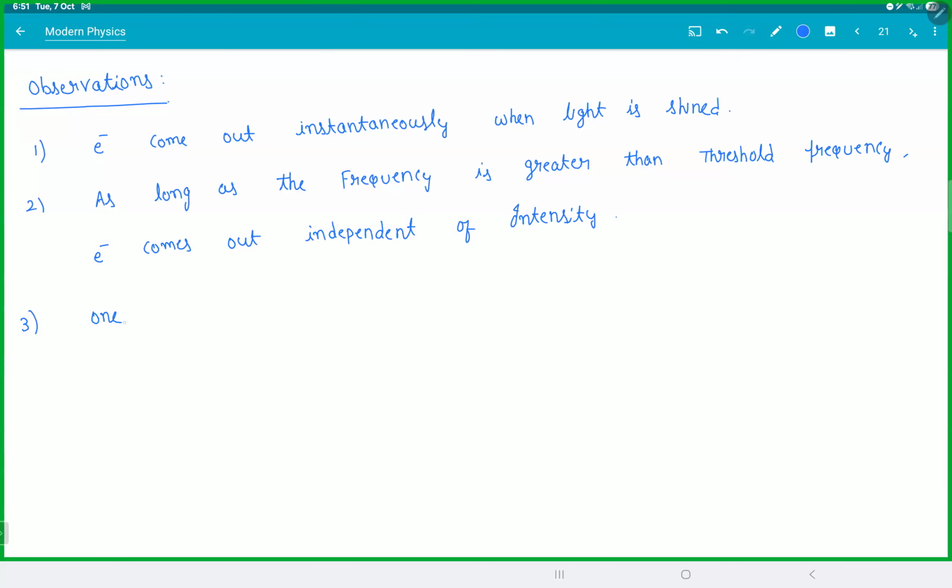And one photon gives you only one electron. This we discussed before. Only one electron can absorb only one photon. One photon cannot be shared.